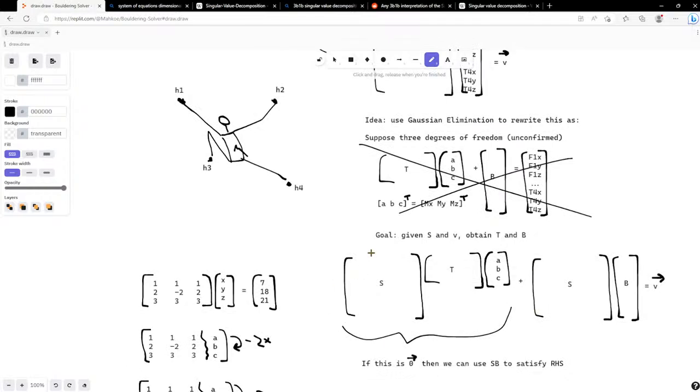Because then that means that t, a, b, c will make a vector of the same length as this f and t vector. And it won't be able to satisfy the heterogeneous equation, because we're going to make this identically 0, this expression here. But it's okay, because we'll just fix that up with a b vector here that I don't even really care about, I guess.